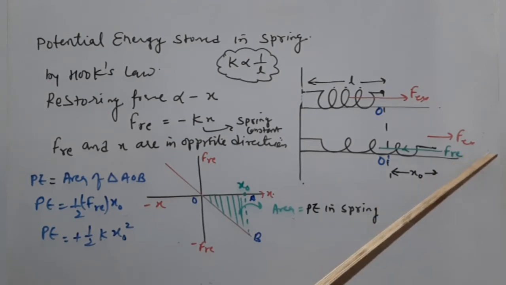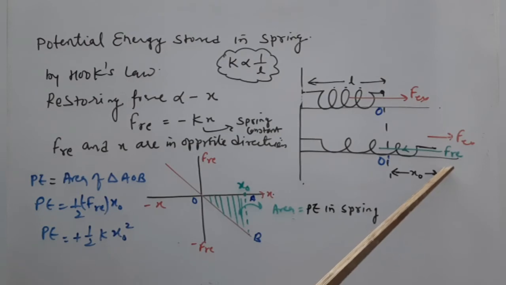As we remove this external force Fex, due to restoring force the spring tries to regain its original state. It means we have to determine the work done by the restoring force, and that gives the potential energy stored in the spring.